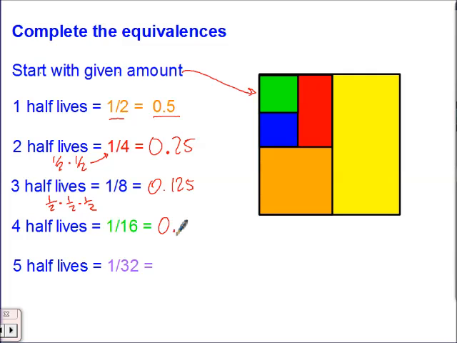I'm down to 0.0625 remaining. 5 half-lives is 1/32, and that's 0.03125. So I need to be thinking about fractions or decimals for all of these when I'm thinking about amount remaining.